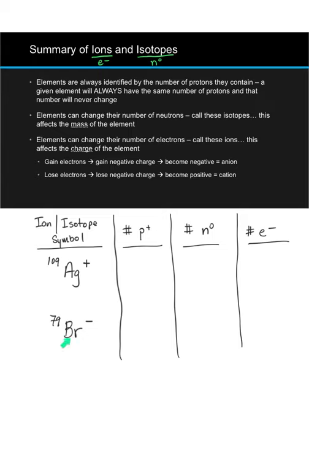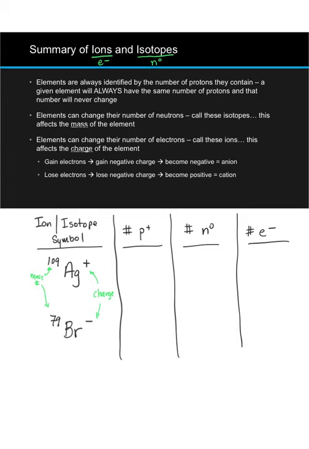The second is Br79 minus. We need to be able to interpret from these symbols what the numbers and signs mean. Any superscript to the left-hand side indicates a total mass or mass number. Any superscript to the right-hand side indicates a charge.